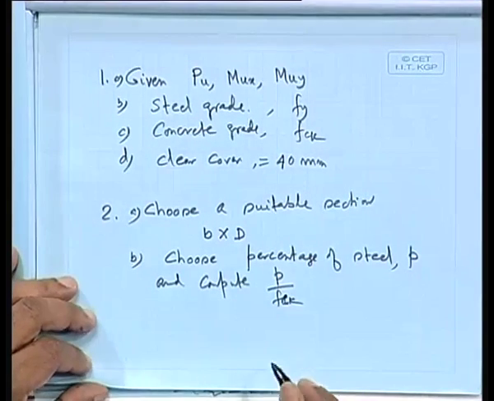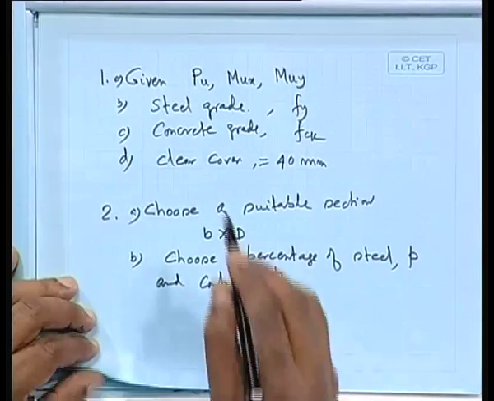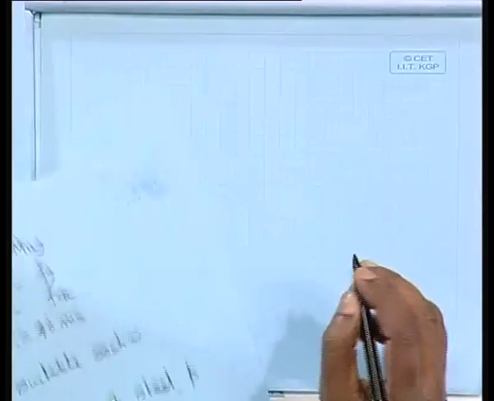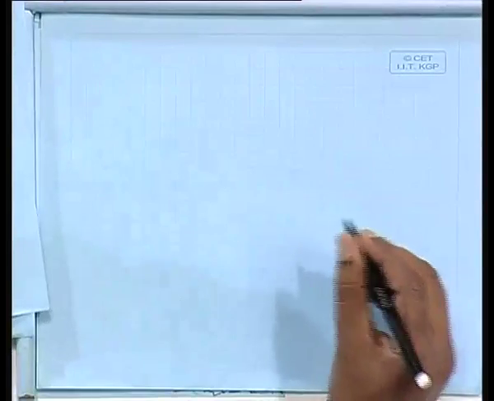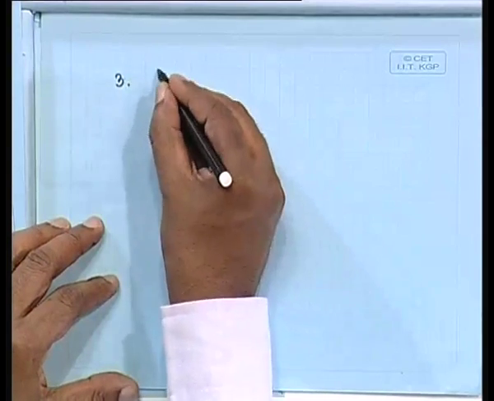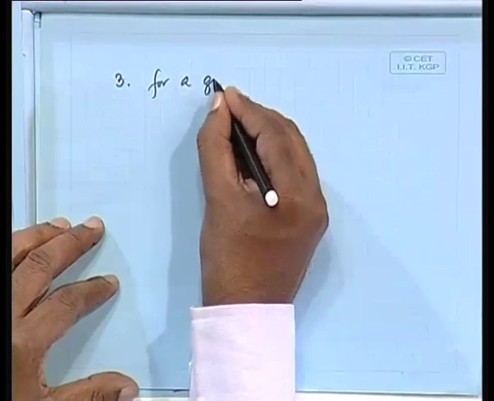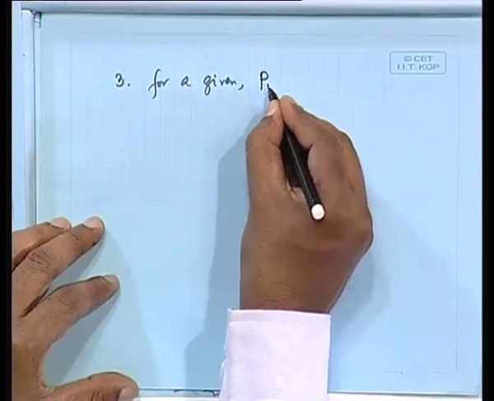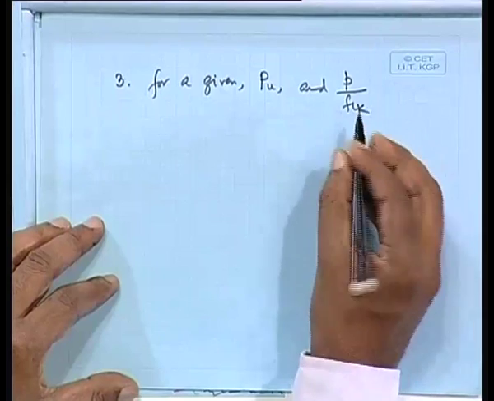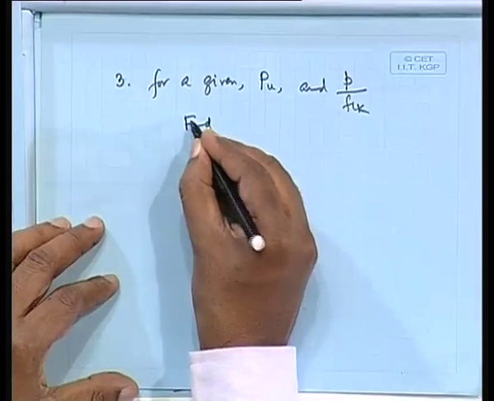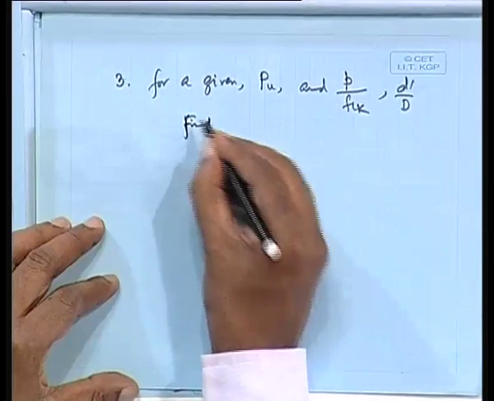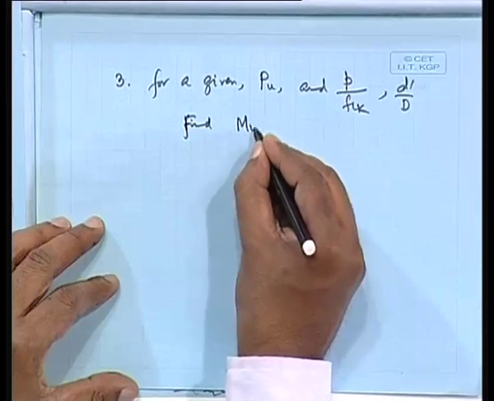Since I know Pu, for a given Pu and P by fck, and also d dash by D, find Mux1.